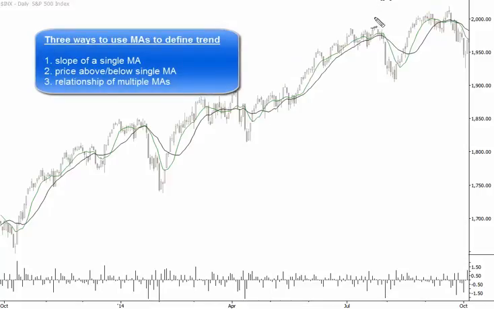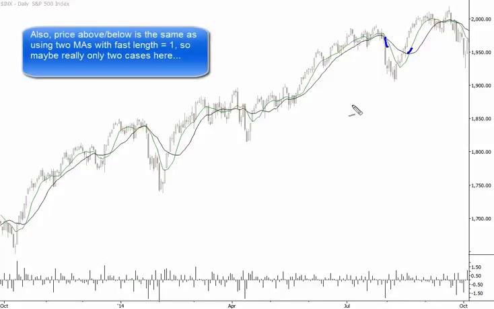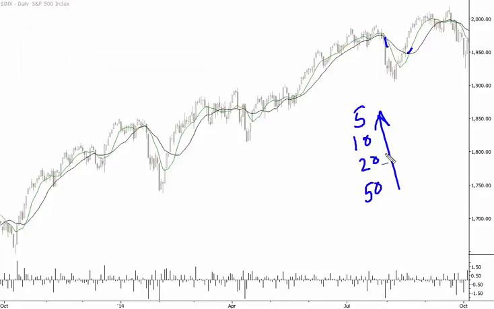I'll come back to this in a minute. So you're flipping to a downtrend here, flipping to an uptrend here. There are a couple extensions of this that are possible. You can use more moving averages, and you can put a faster and a slower moving average and then do things like, let's say you have the 5, the 10, the 20, and the 50. You might say that you're only in an uptrend when your moving averages are stacked correctly, and you're only in a downtrend when they're flipped.